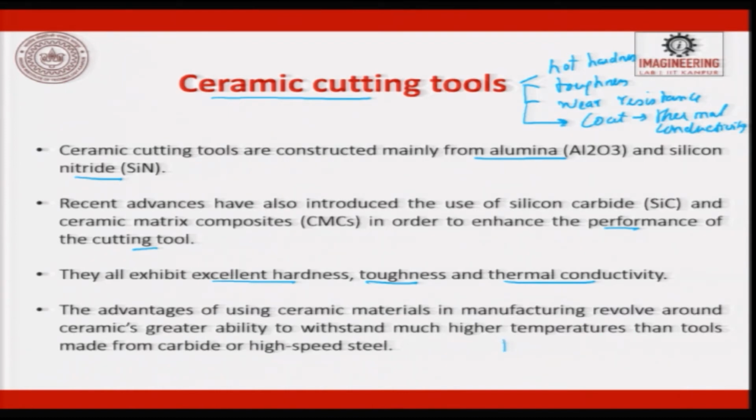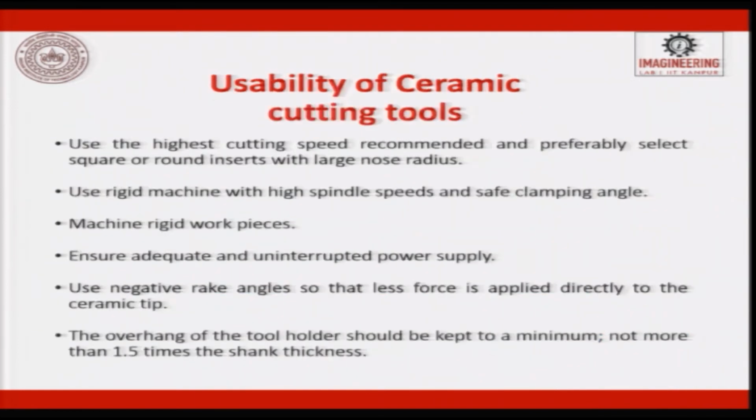So, when does the temperature go very high? When the DOC is high or feed rate is high or RPM is high. RPM will generally lead to higher productivity, feed rate higher productivity, depth of cut also higher productivity. All these three parameters on a lathe machine will try to increase the temperature. At higher temperatures, the tool gets deformed, so you have to sustain it for a longer time.